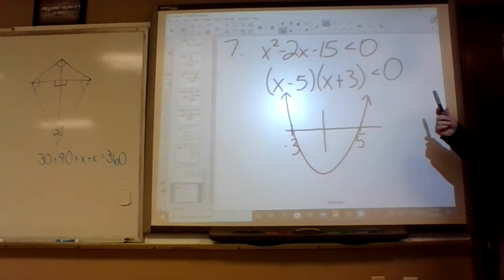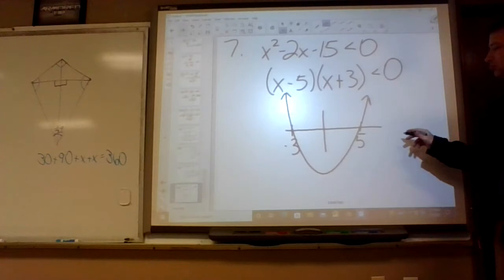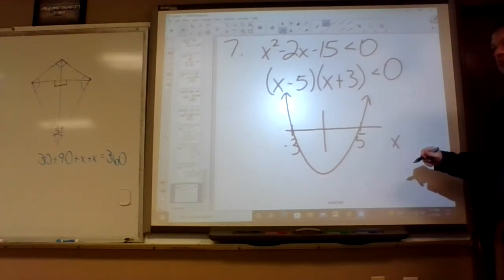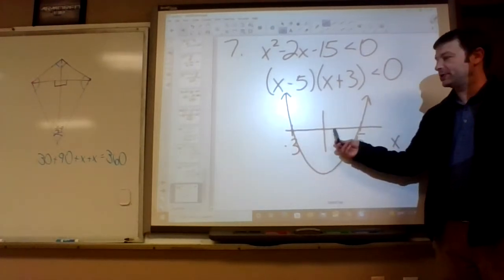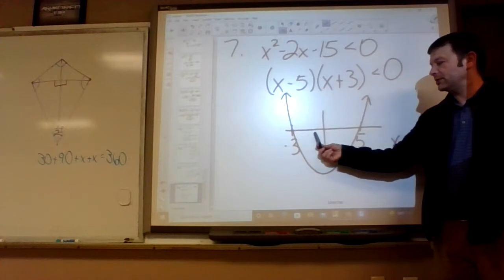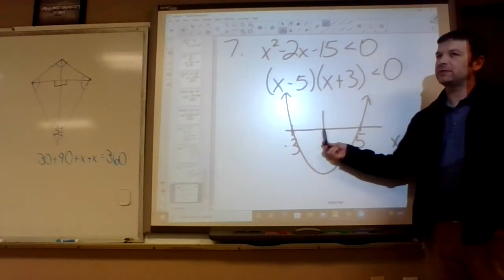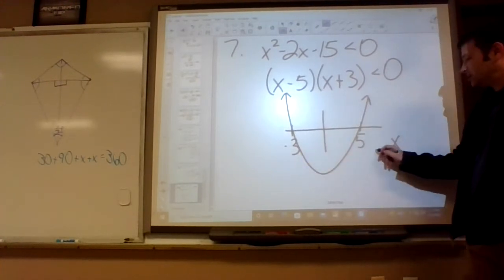Wait, hold on. What is this supposed to be, positive? So X is less than 3 and greater than 5. Opposite of that. Between negative 3 and 5. So it's got to be bigger than negative 3, right? And less than 5. Oh, wait, I was thinking of the opposite.